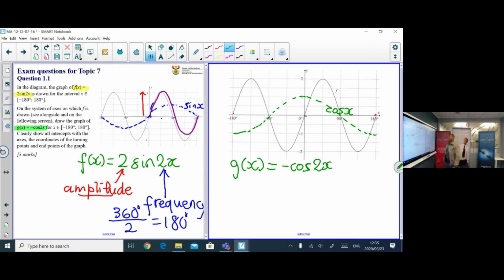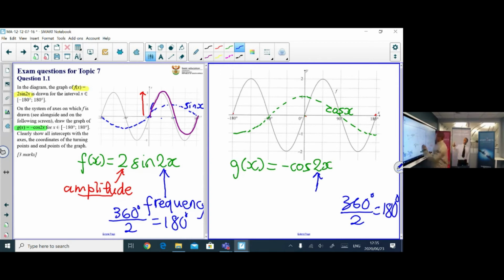So let's start by pointing out maybe the 2. Let's start with the 2. So this 2 will affect the frequency or the wavelength. And in this case, the graph will be a bit quicker than it's showing here. And so instead of having 360 as its wavelength, it will now have half of that, which is 180 degrees.